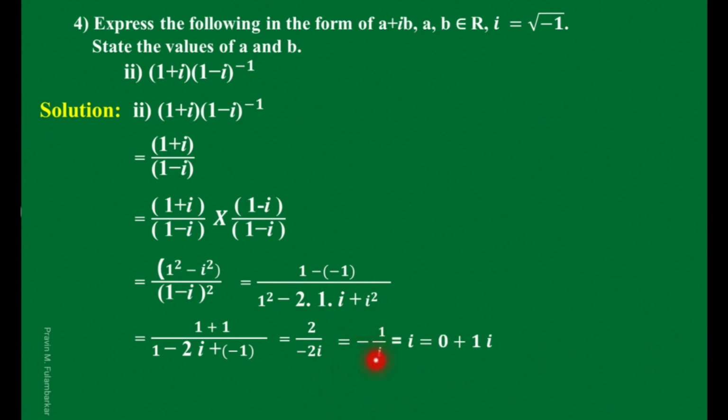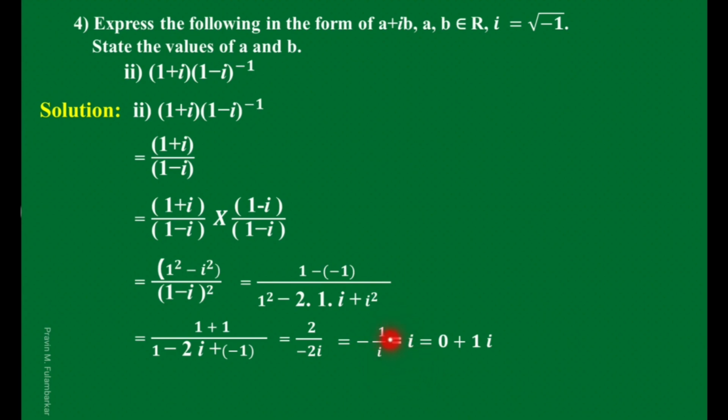So we get here -1 upon i. This minus sign can be written with i, so we write that -i. And we already saw by the cyclic order, this -1 upon i can be written as i, or you can check by multiplying and dividing by i.